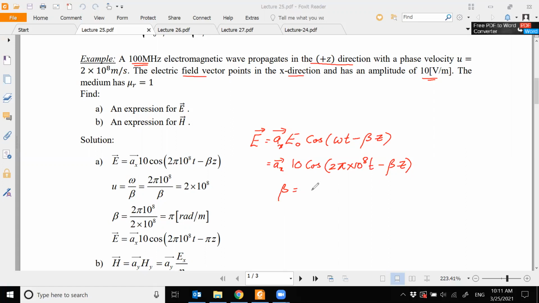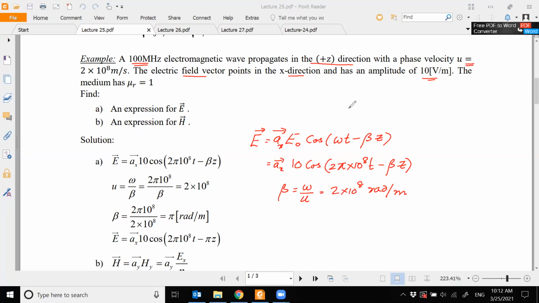Beta is 2 pi over lambda also, but we don't have the lambda here. But we have the phase velocity and we have the frequency or the angular frequency. So therefore we will use beta as omega over u.